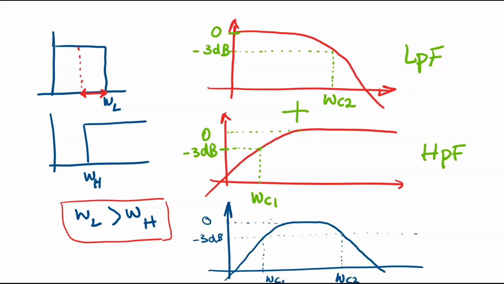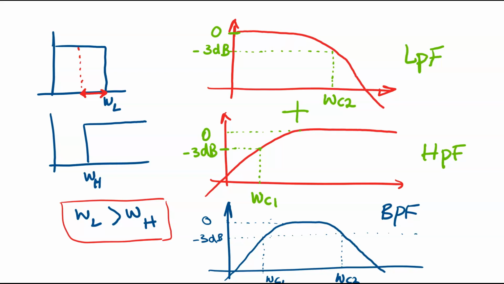I want to know how I should choose these cutoff frequencies in order to have the exact same cutoff frequencies for my bandpass filter. So if I want to have the cutoff frequencies of the bandpass filter as omega C1 and omega C2, which are respectively the cutoff frequencies of my high-pass and low-pass filters, what is the constraint?